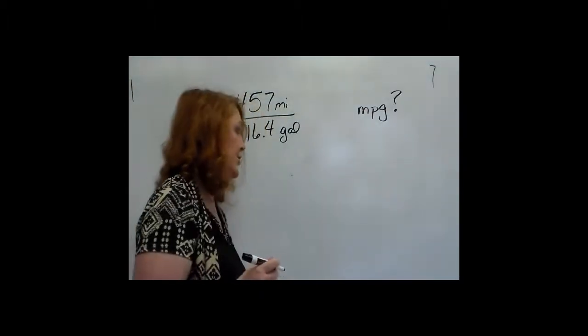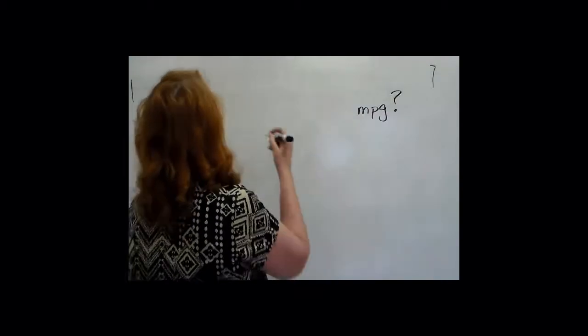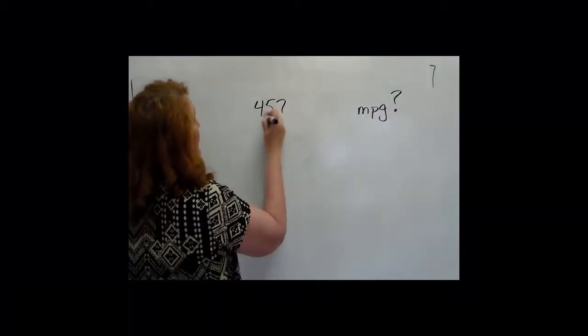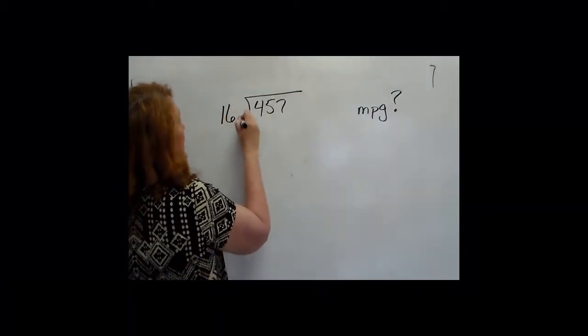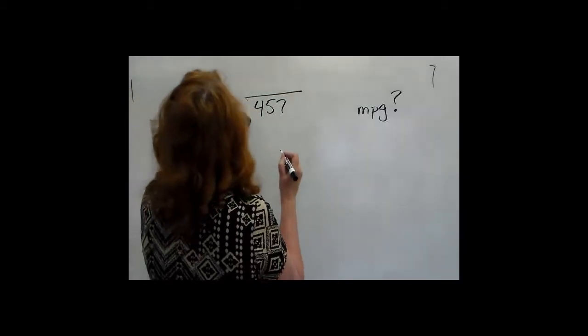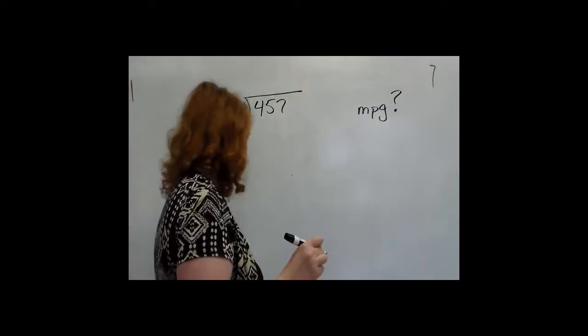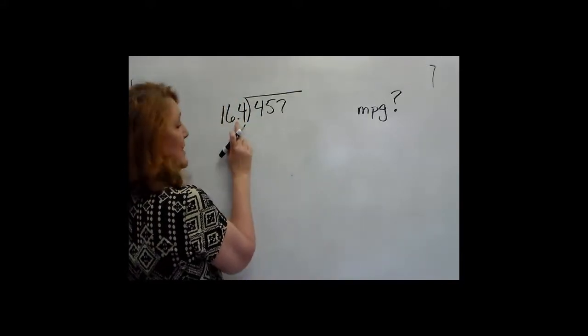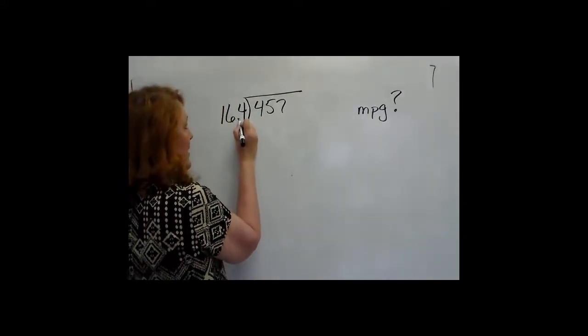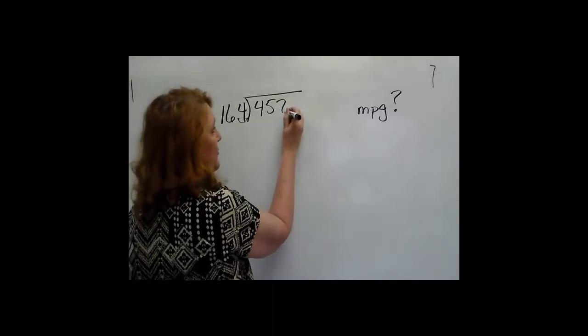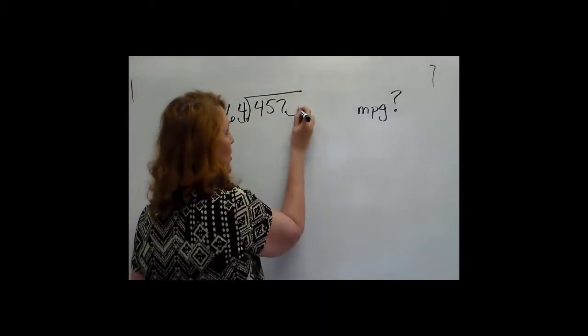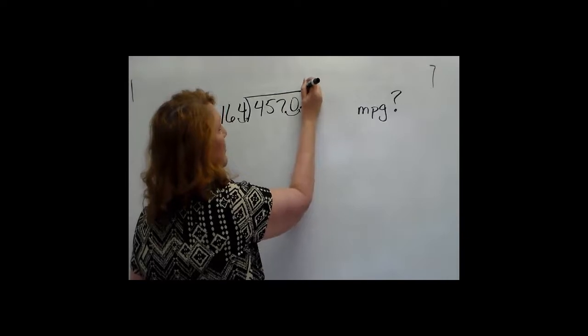So we are going to make some room. 457 divided by 16.4, because I can write 0.4. I've got a decimal in here and I don't get to have it here. I'm going to move it over 1, which means I'm going to move my imaginary decimal point over 1 here, and I'm going to put it up there.